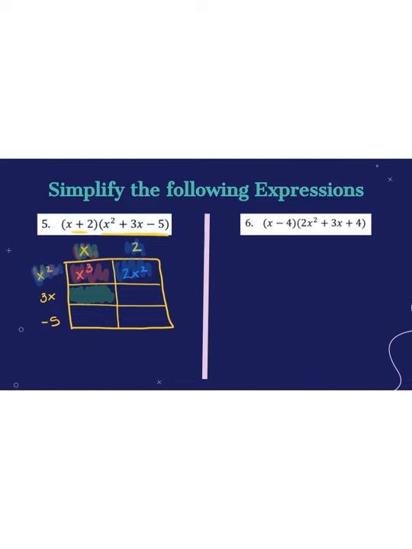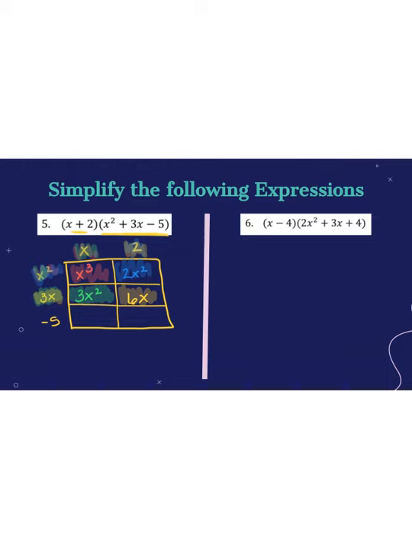So I have x times 3x, so that should be the bottom one. So x times 3x, and that's going to give you 3x squared. And then this box over here is going to be a 2 times that 3x. So 2 times 3 is 6. So now I have 6, and it's just an x, so I just have 6x right there.